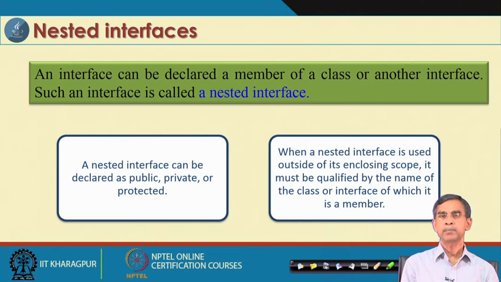This is called the nested interface. It is a very restrictive use in a program, and usually we avoid it, but sometimes we want to make an interface which is very explicit to a particular class only, then we can think of this kind of implementation, otherwise we can ignore it.